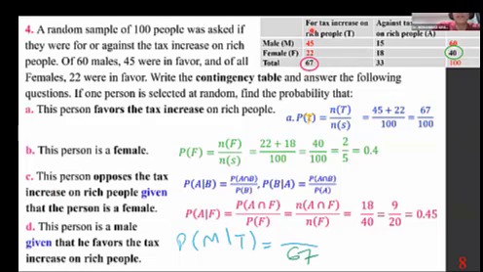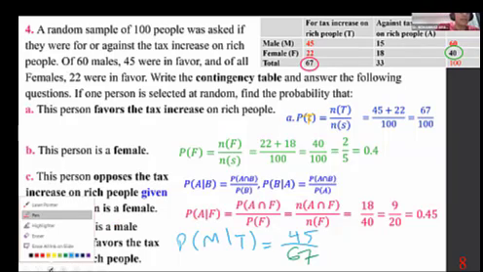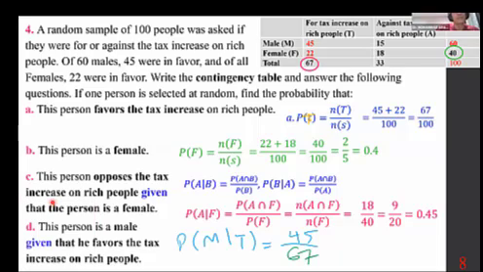So this is the tax increase column. Out of those 67, how many males? 45. To quickly recap, if you look at this one, after given, the person is a female, how many? 40.